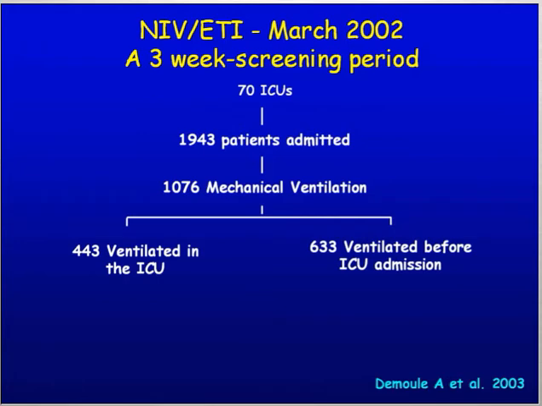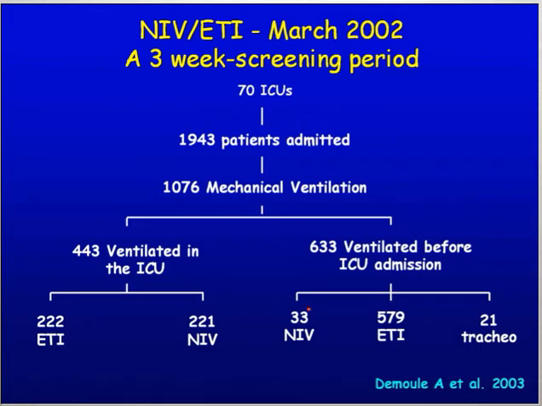When we look at the distribution of these patients, approximately 40% were ventilated in the ICU, whereas 60% had already been ventilated before admission to the ICU. Of course, in this group very few patients were ventilated with NIV, but already a few patients were ventilated by the emergency service with NIV.